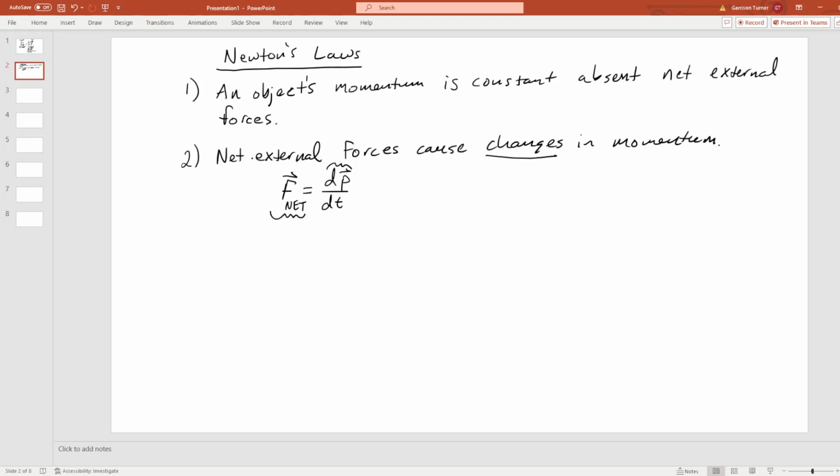So that's why we don't have to explicitly state it in this form, because these are vectors and we know what the word change means. In derivative form it's dp dt instead of delta, but it doesn't matter. We can still see that F and dp are going to be in the same direction. The third law actually really doesn't change.